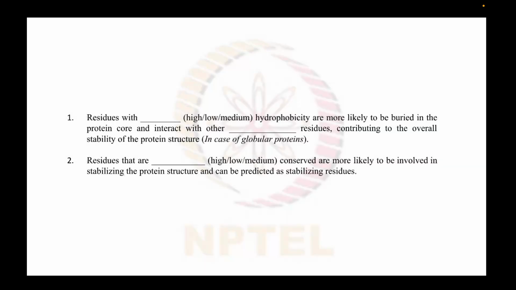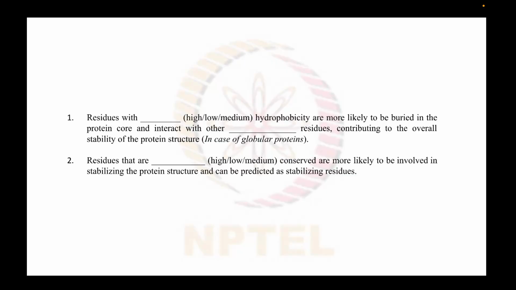So here I have a question. Residues with what level of hydrophobicity, whether high, low or medium, are more likely to be buried in the protein core and interact with what residues, contributing to the overall stability of the protein structure. Consider this in case of globular proteins.